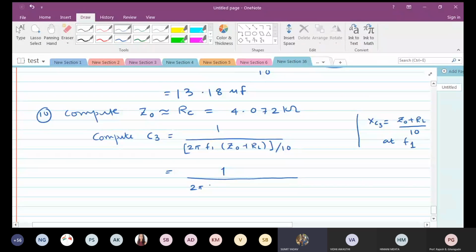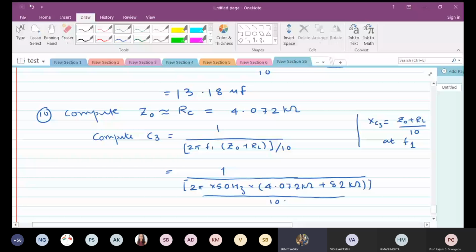2 pi into 50 hertz into what is ZO? 4.072 kilo ohms plus what is RL? 82 kilo ohms. This entire thing divided by 10. Yes.